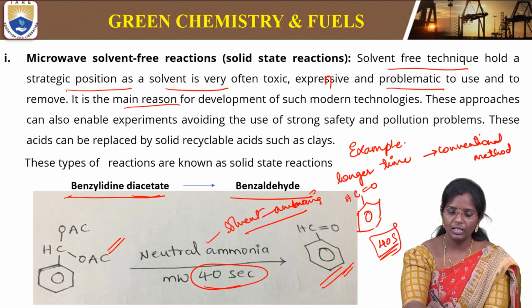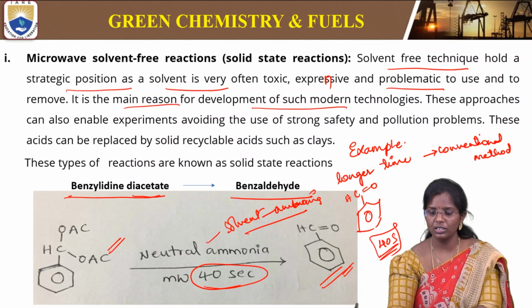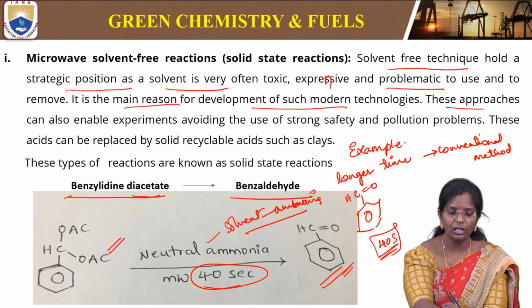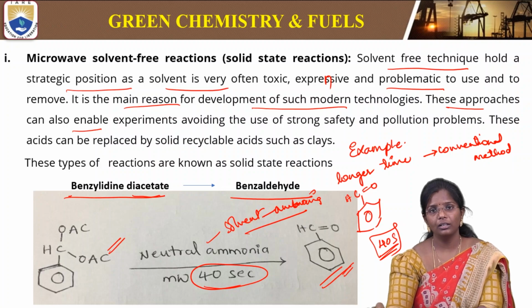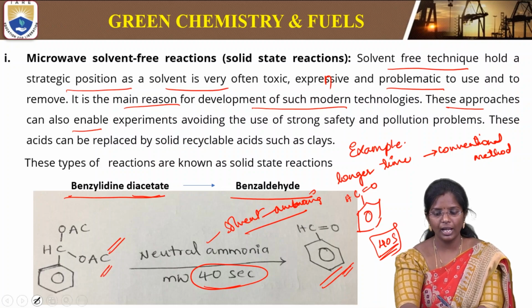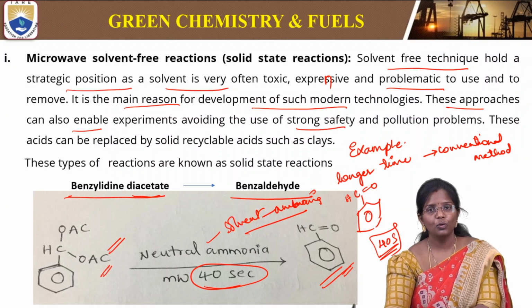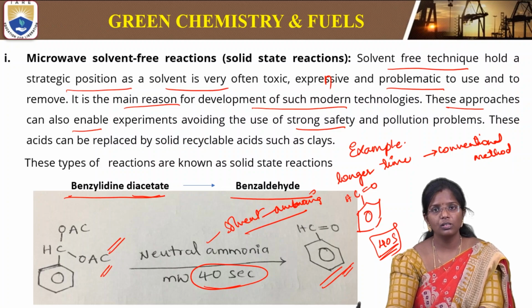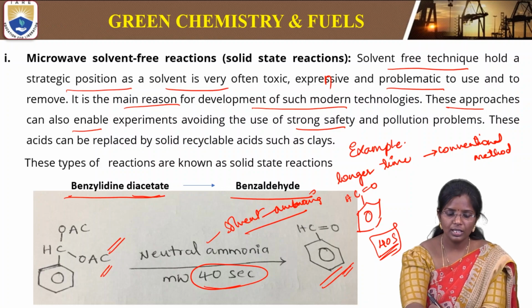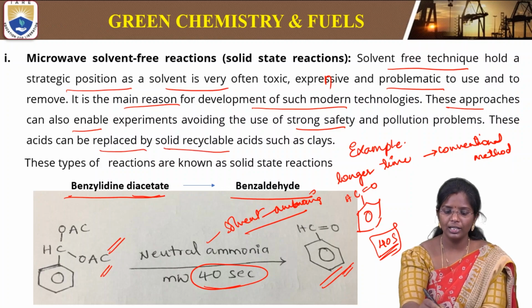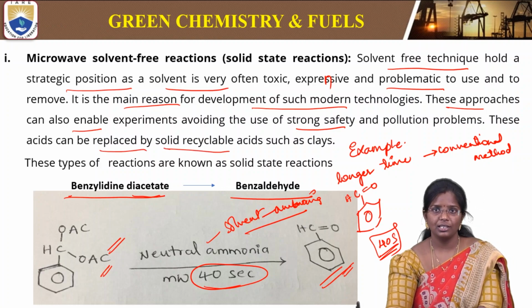So this is the main reason for the development of such modern technologies, and these approaches can also enable experiments avoiding the use of toxic solvents, and it will be more safe for the environment and also for the person working with the reaction. So these acids can be replaced by solid recyclable acids such as clays.